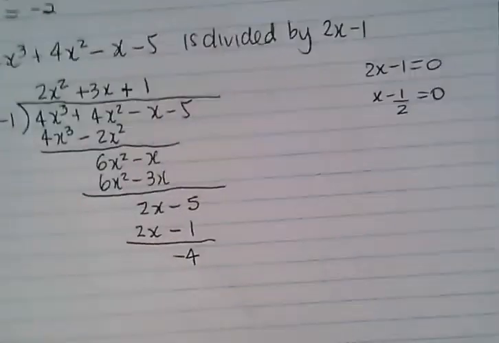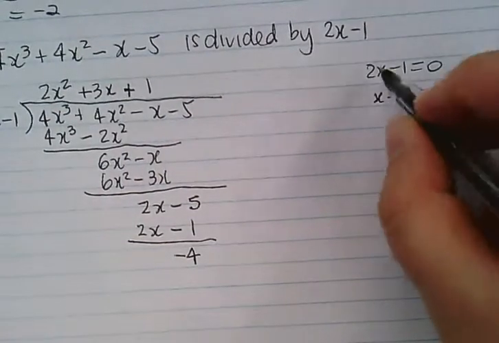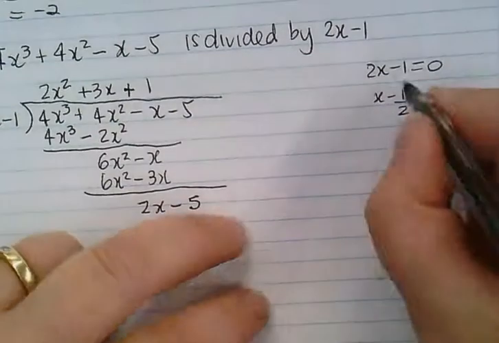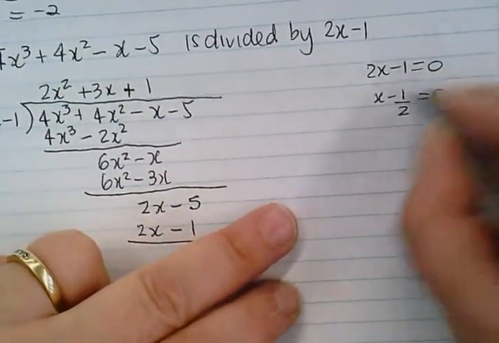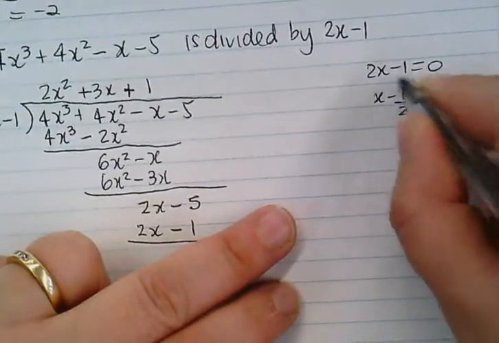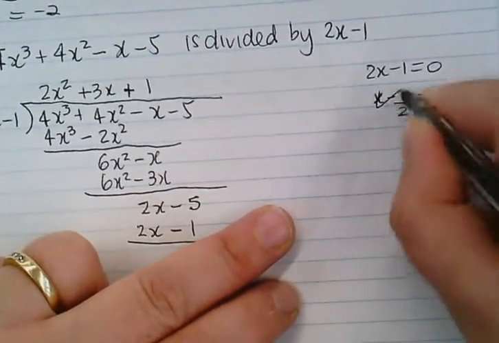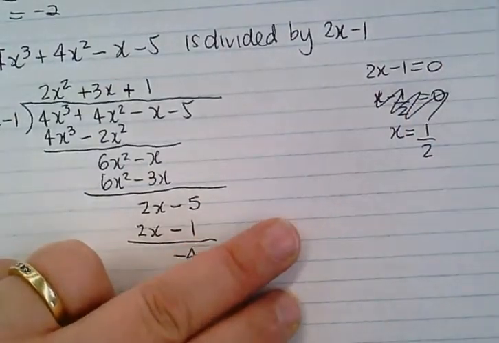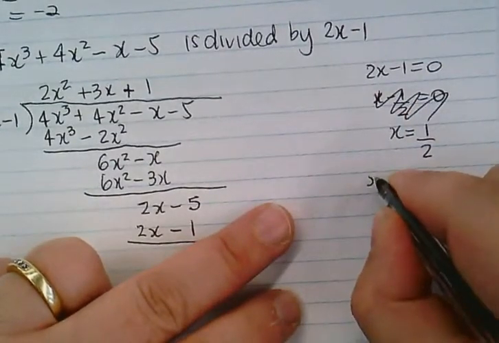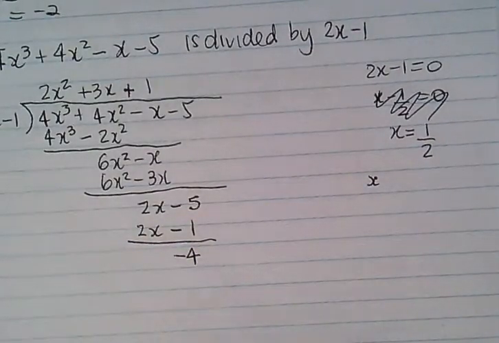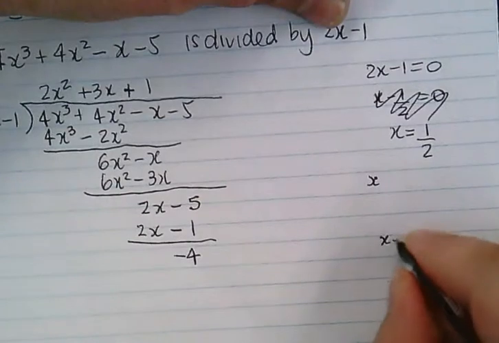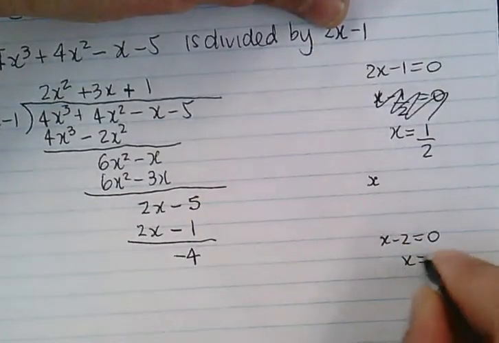Oh, sorry, I'm off screen. So I'm just dividing by 2 because it's got to be in the format x minus a. See, look, let's say I tried to solve that. Don't you get x is a half? Like if you're solving x minus 2 equals 0, don't you get x is 2?